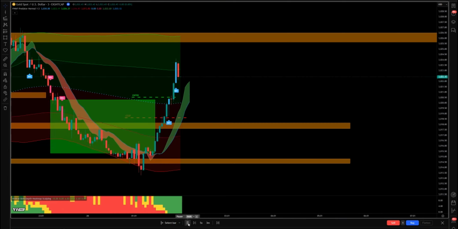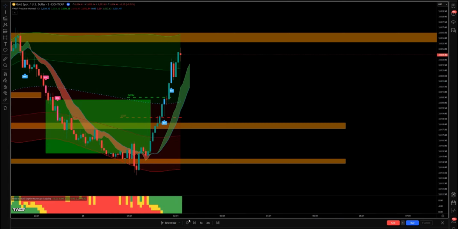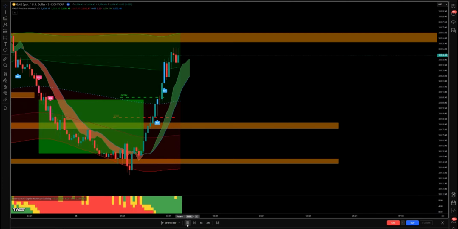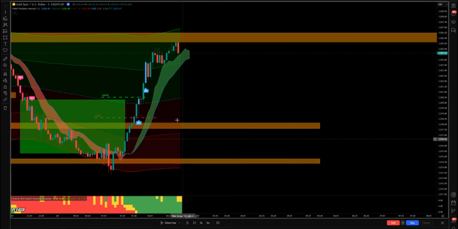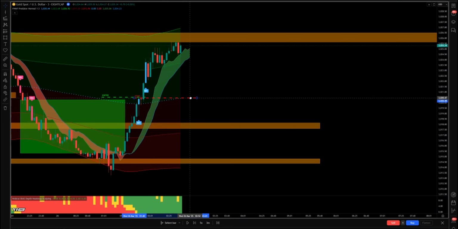Let's play this forward a little bit more, talk about sort of managing this trade now. So one thing for me is I like to go risk-free, and once we start to get the VWAP moving through the entry, I can start to be more relaxed and go risk-free. So at this point here, we start to see that happen, and we can go.